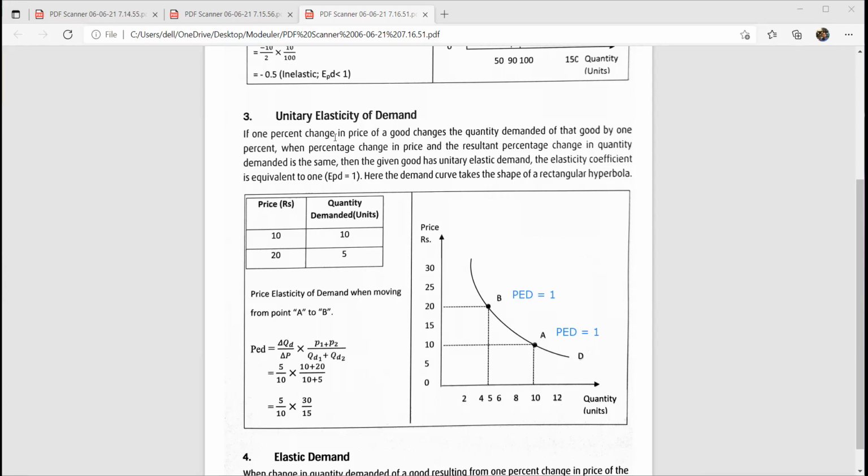The elasticity coefficient is equivalent to 1. Here, the demand curve is a rectangular hyperbola. Earlier the demand curve was first of all vertical, thereafter steeper. Right now, it is a rectangular hyperbola. That is the shape of the diagram.